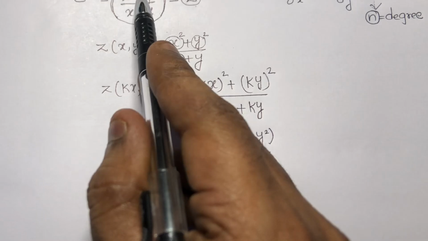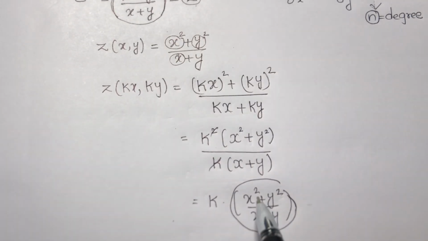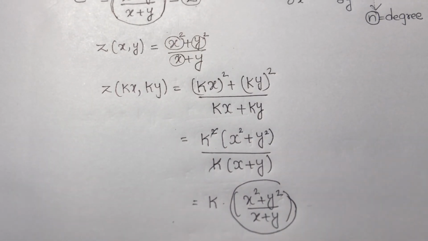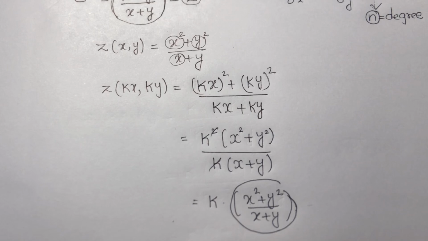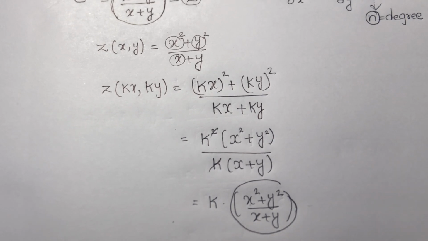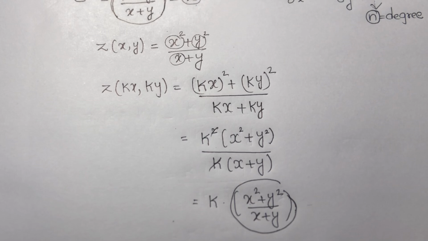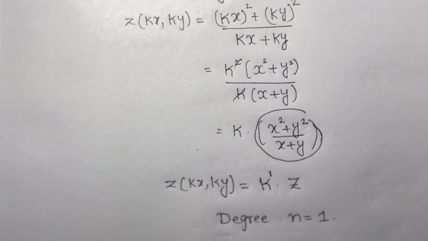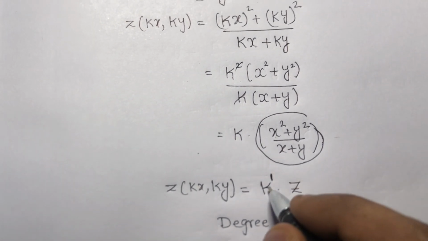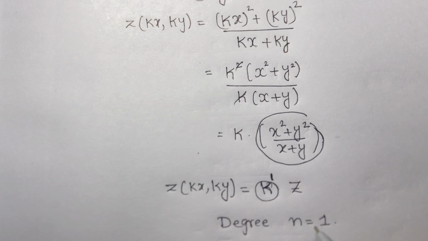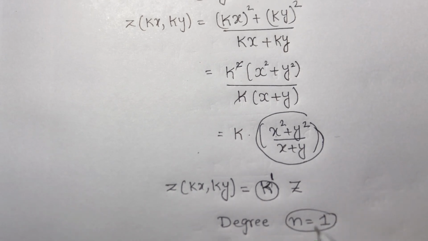What is z? x square plus y square by x plus y. So z of kx comma ky, a homogeneous function, I got k times z. So what is the power of this? I got degree n is equal to 1, because the power of k is 1, so that is considered as n.